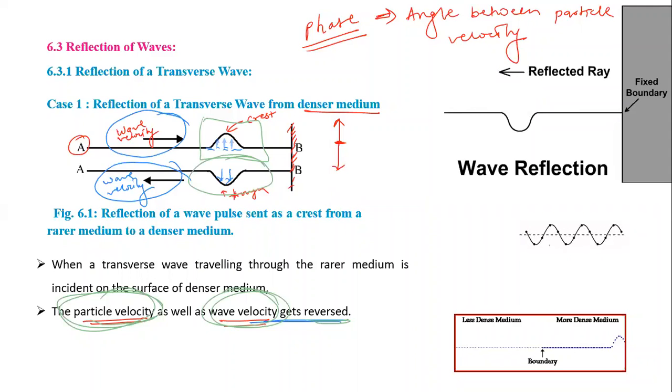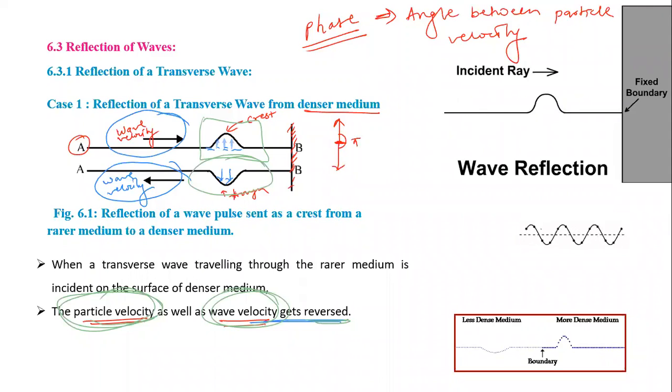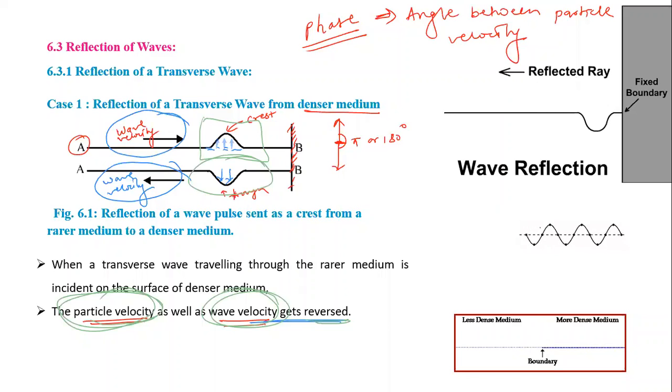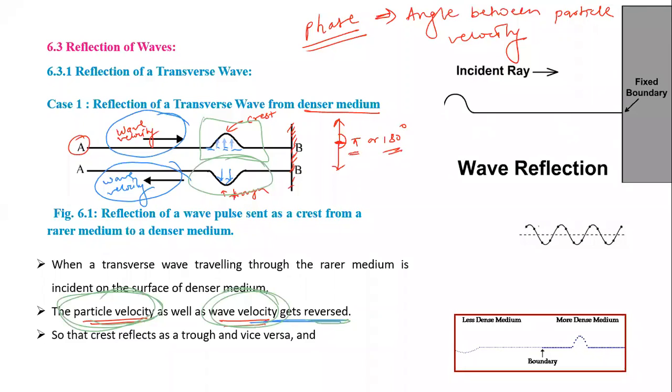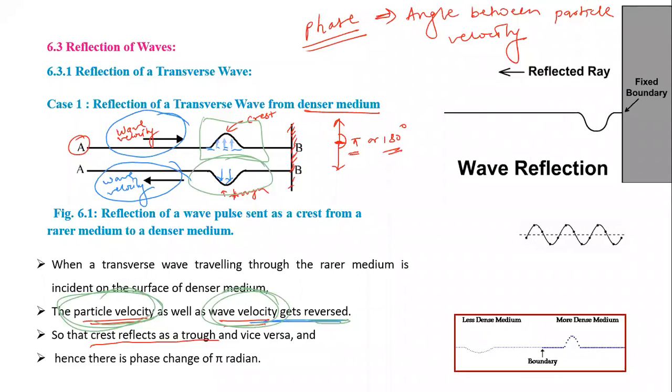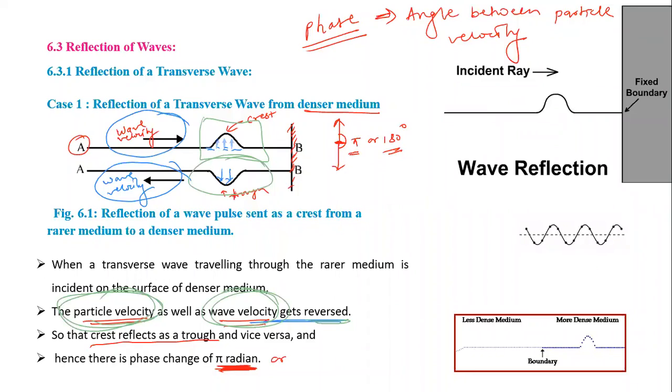So this angle is pi, or we can write 180 degrees. So this is the phase. We can say that during reflection from a denser medium, phase is changed by 180 degrees or pi radian. So a crest is reflected as a trough and a trough as a crest. Phase change is pi radian or 180 degrees.